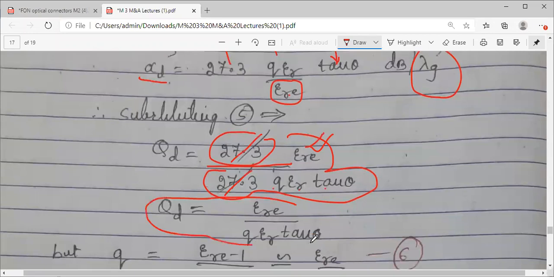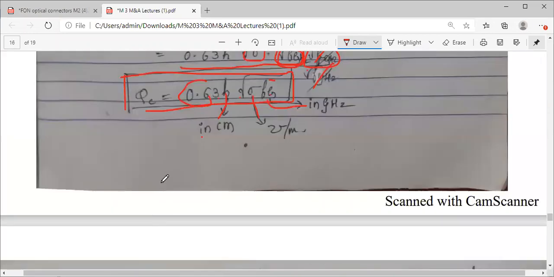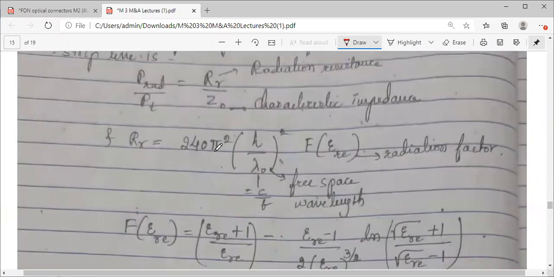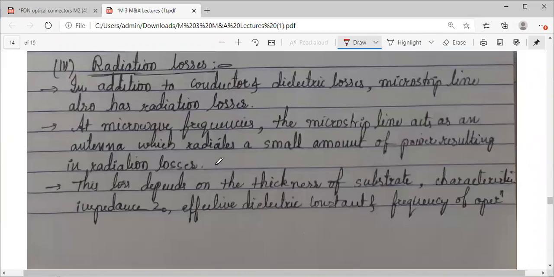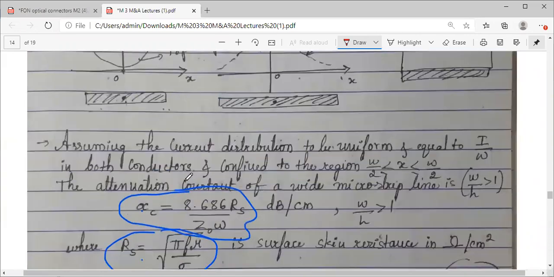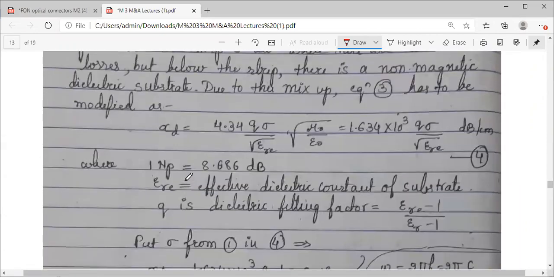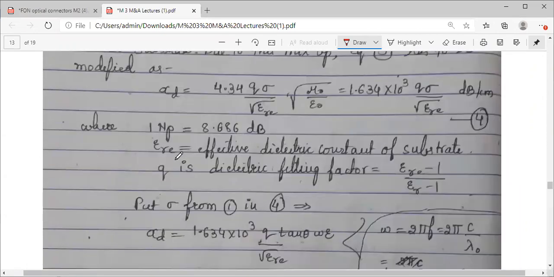And in the previous session we have seen what q is. Just a second, I'll show you. Yeah, here itself. Small q is the dielectric filling factor, epsilon re minus 1 divided by epsilon r minus 1.